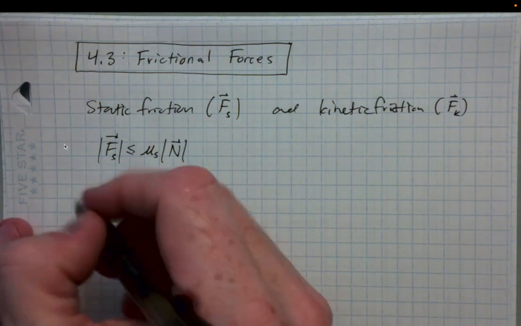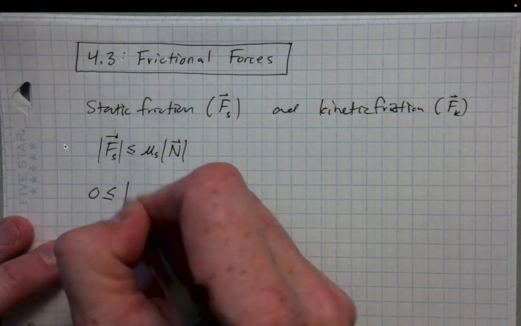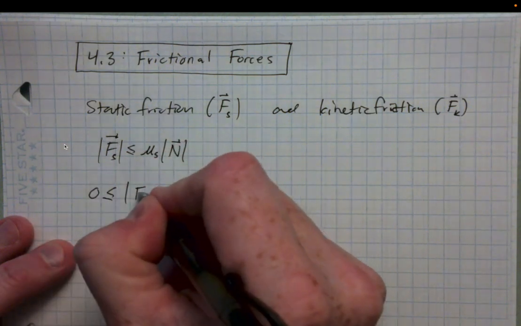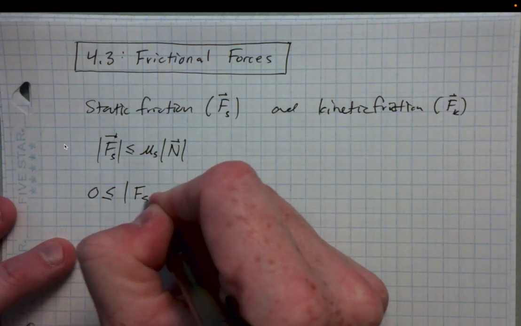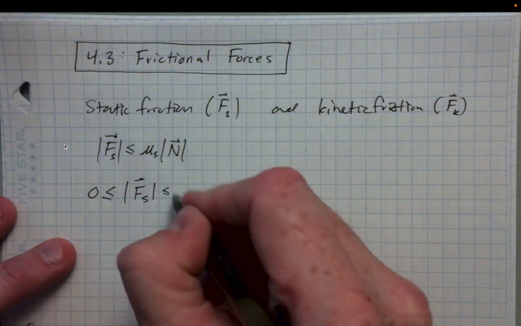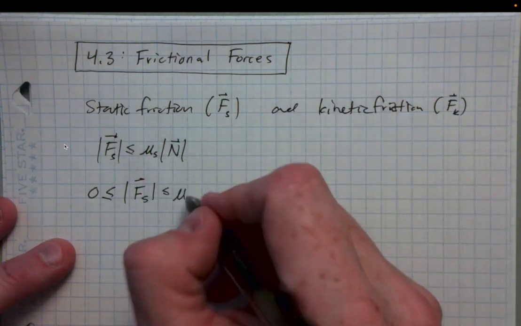The magnitude of static friction is going to be greater than or equal to 0 newtons, and it's going to be less than or equal to this quantity here. So this really represents the maximum static friction.